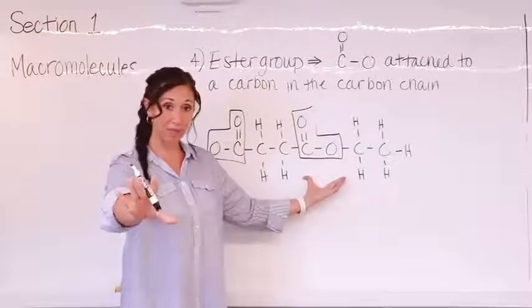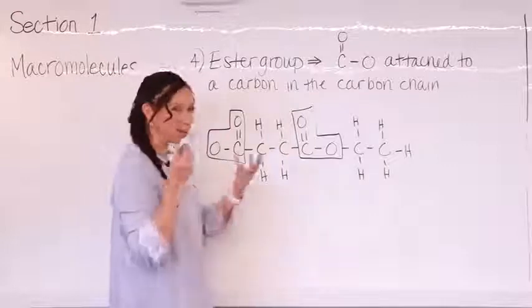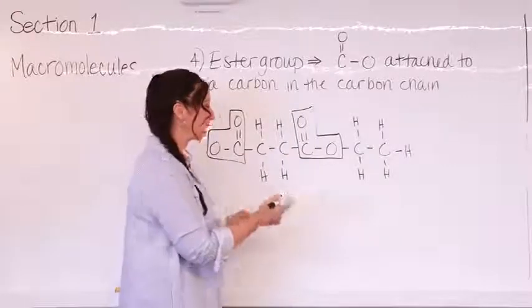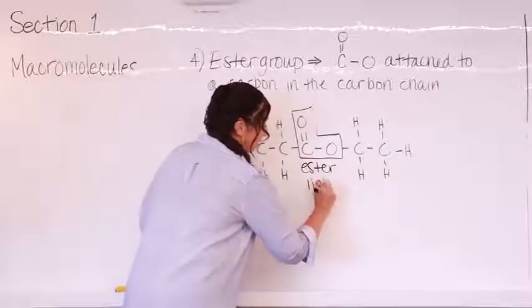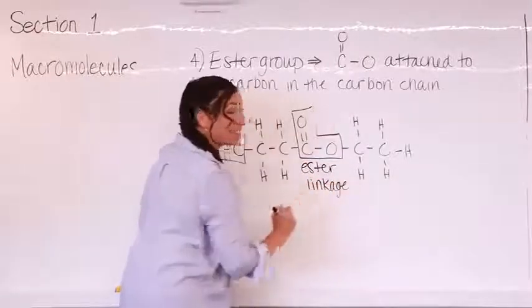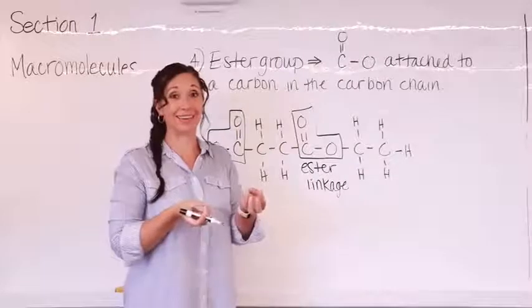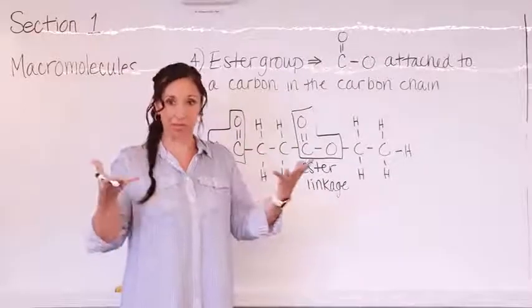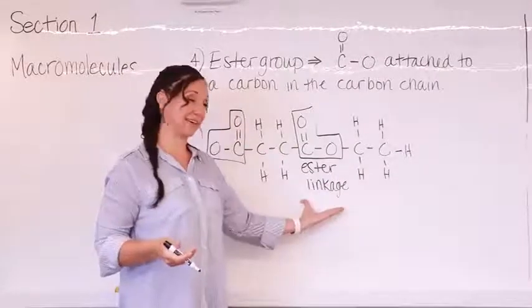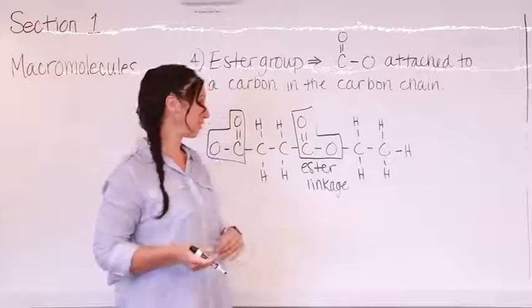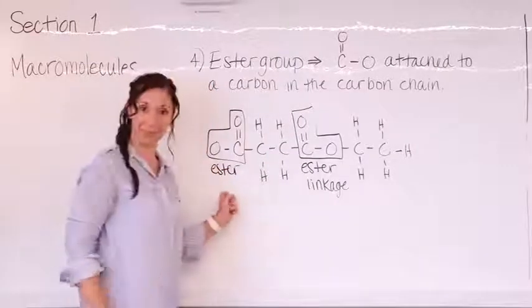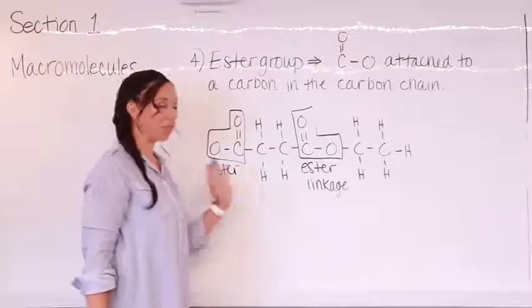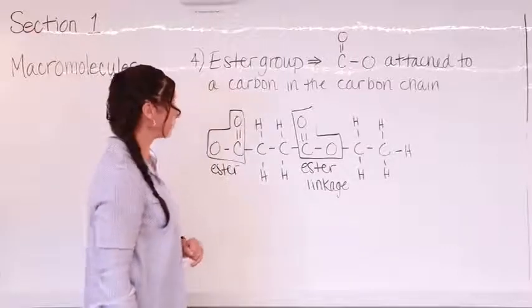Ester is perfectly fine, but in your minds, I want you to see how this becomes an ester linkage, because this is how things get made. You start linking things together to create these large molecules, and we're going to see that later on as well. So that is an ester linkage. This is just a regular old ester, which is lovely. We need to have these. So both of them are esters, and they're great.